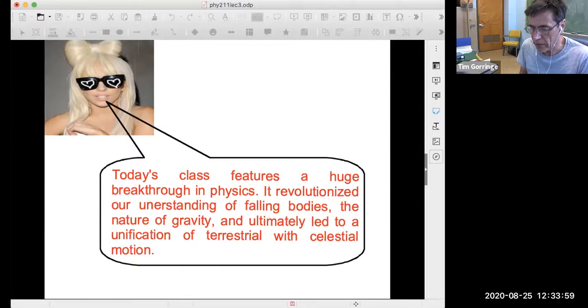It was a breakthrough in the understanding of falling bodies and of gravity. It ultimately led to the unification of what we call terrestrial motion, that's motion of everyday objects like basketballs and footballs on Earth, and celestial motion, that's motion of the moon around the Earth or the Earth around the sun, etc. It joined together our description of those two types of motion.